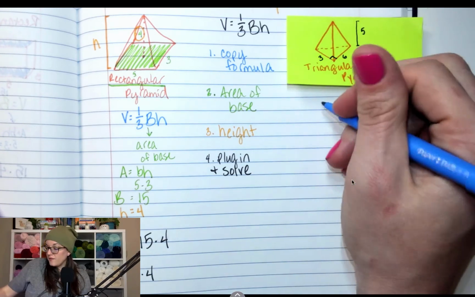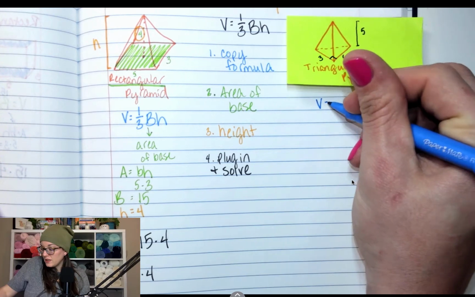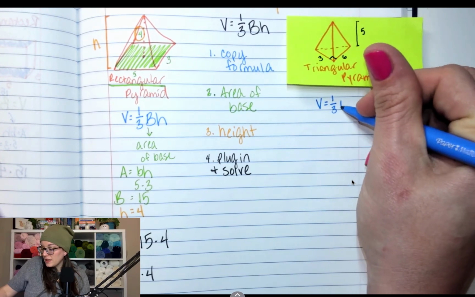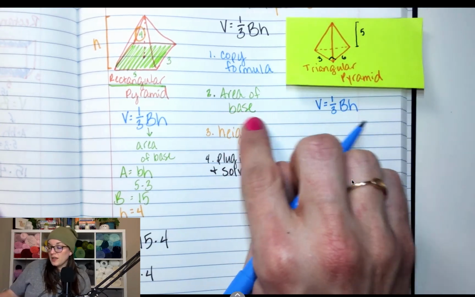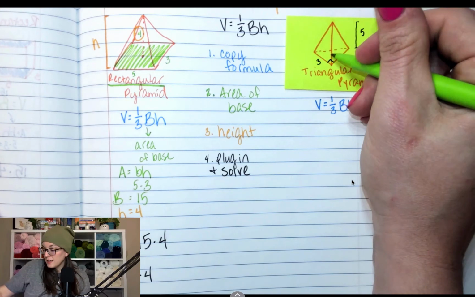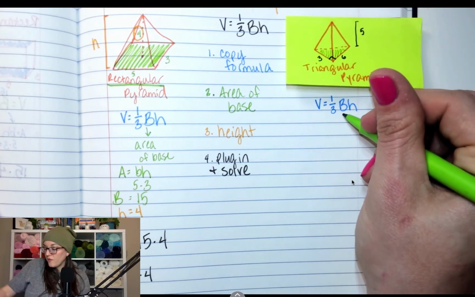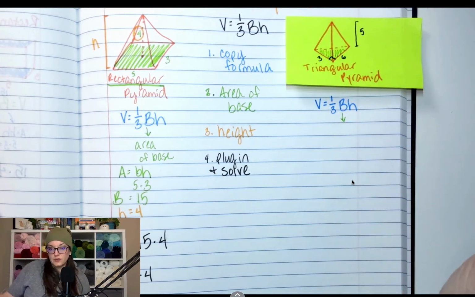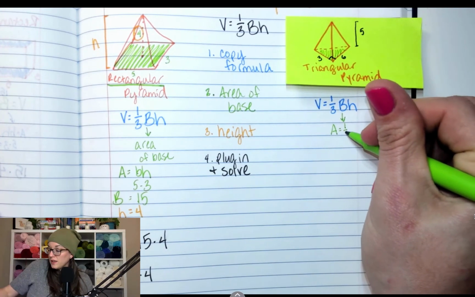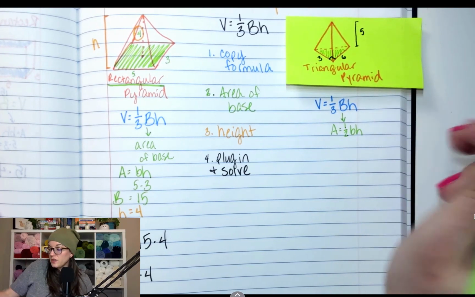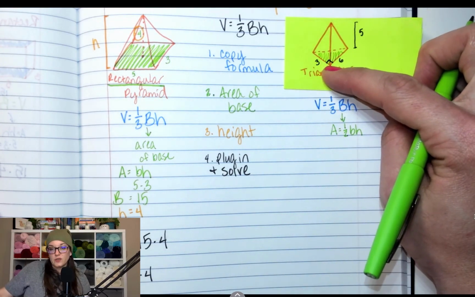So I'm going to write V equals 1/3 capital B H. Now capital B, so step 2, area of the base. Now my base is this triangle down here. What is the formula for a triangle? A equals 1/2 bh.